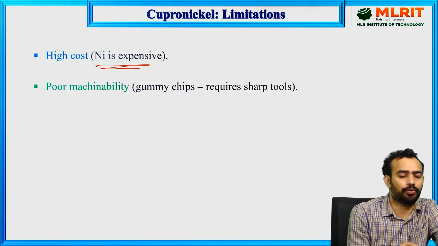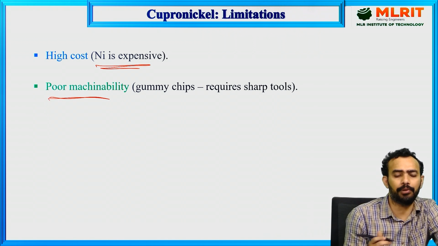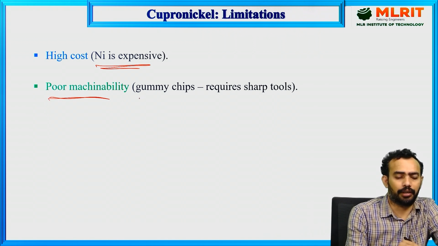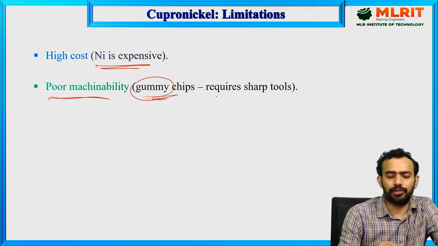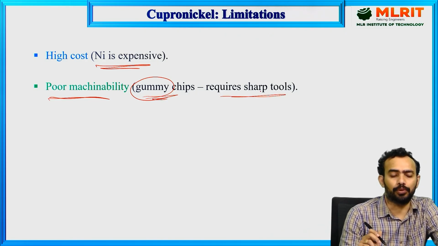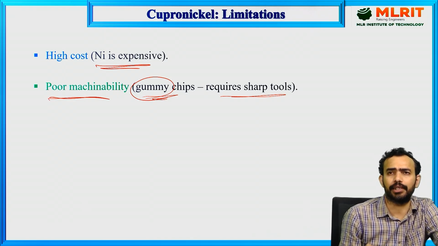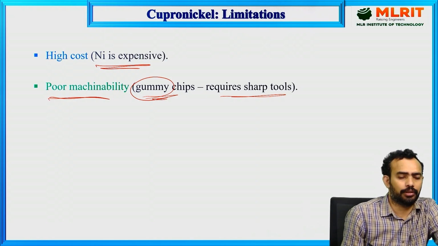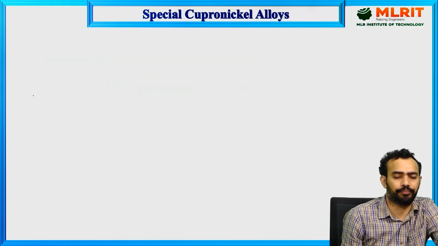It also has difficulty in machinability because of gummy chips, because of its ductility, and chip formation is not that great. Cutting is a little tedious and requires very sharp tools to avoid these gummy chips, which hinder the machining process. So these are certain limitations of cupronickel.